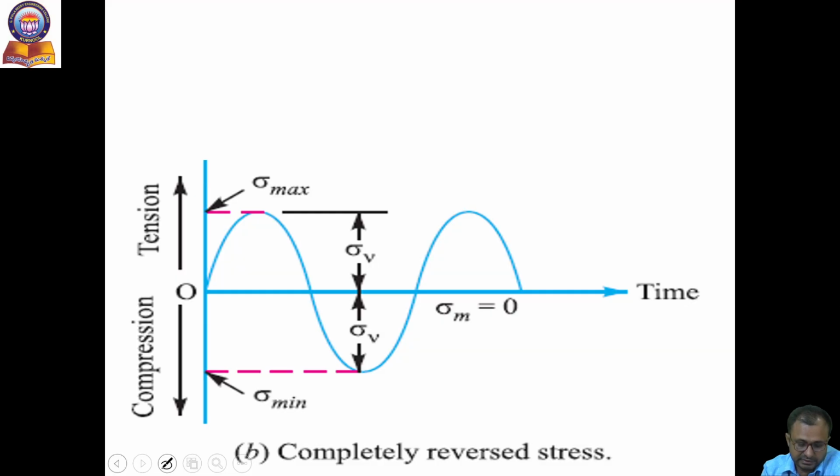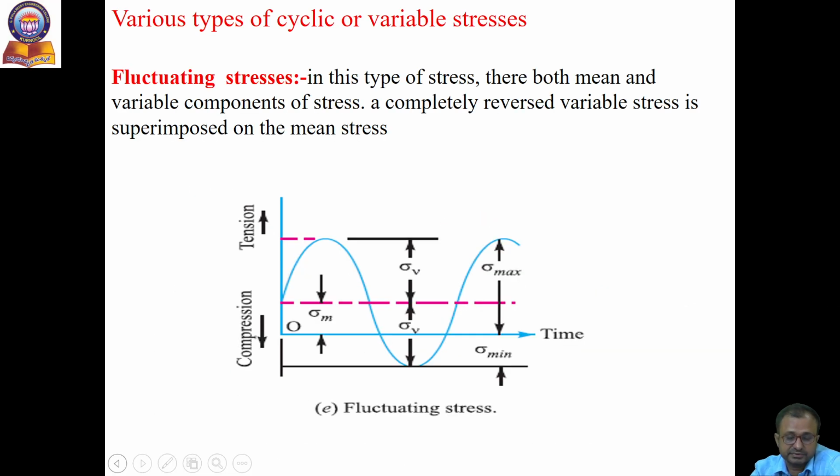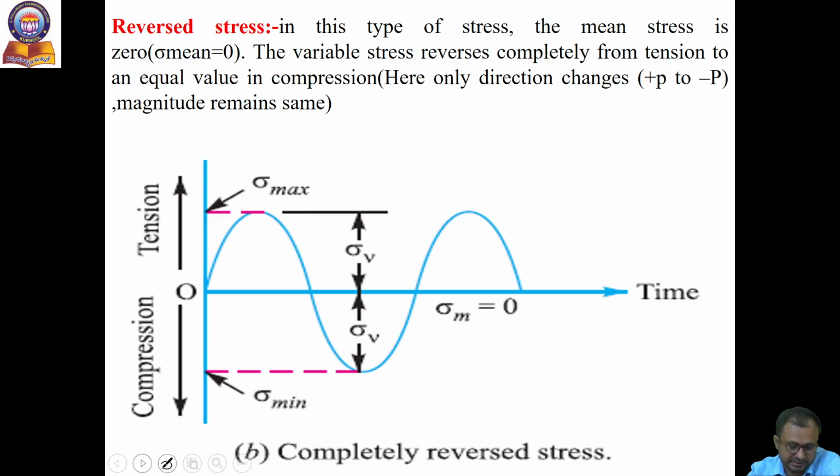So one more thing is fluctuating stresses. In this type of stress, both mean and variable components of stress exist. This is the mean and this is the variable stress. A complete reversed stress is superimposed on the mean stress. Then the other one is the reversed stress cycle.